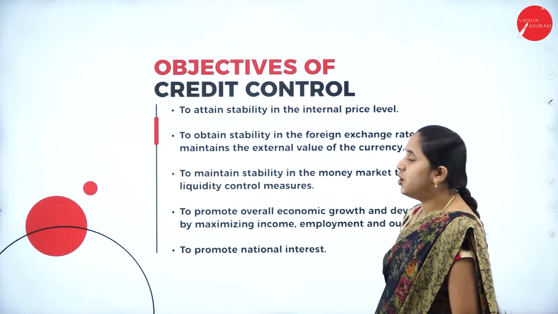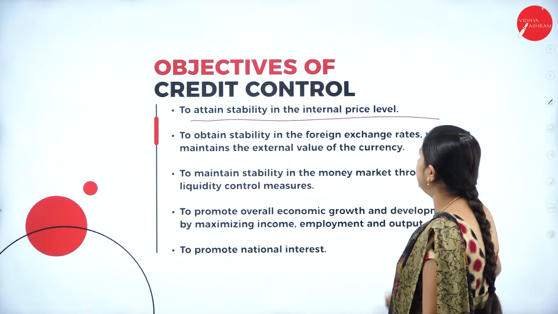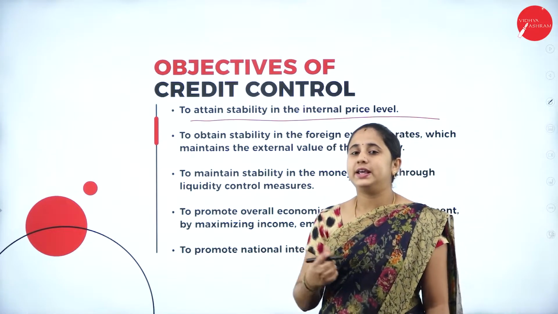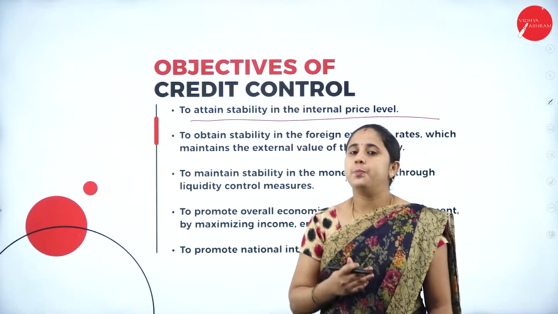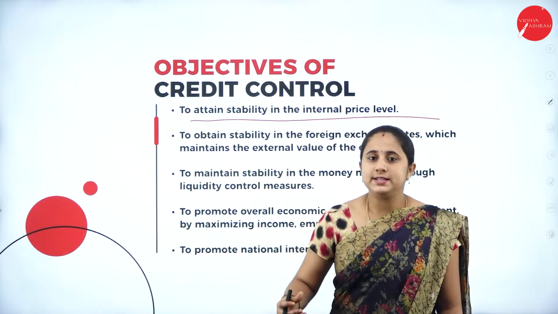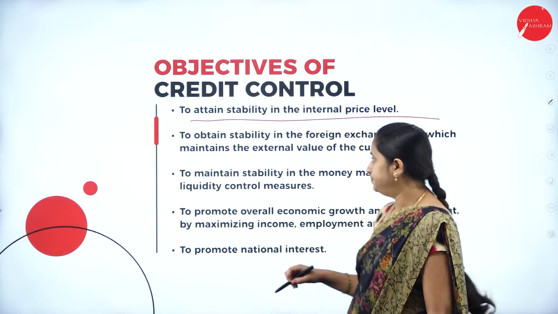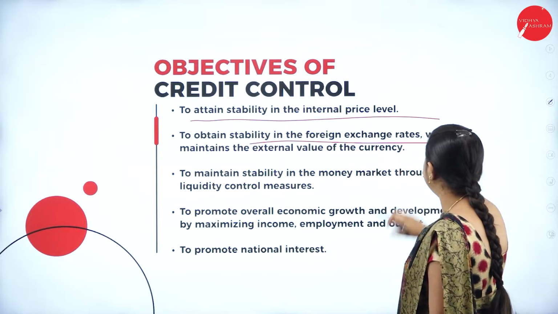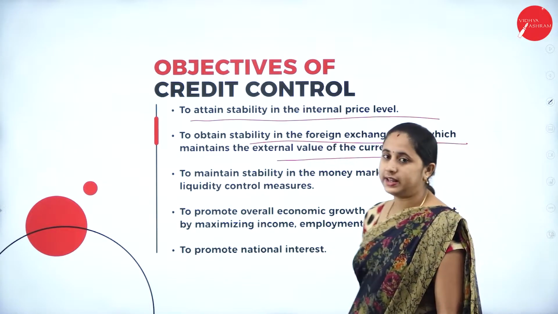So, objectives of credit control. First is to attain stability in the internal price level, to maintain internal price stability. In order to maintain the price based on the money circulation, RBI regulates the money supply. Second, to obtain stability in the foreign exchange rate, which maintains the external value of the currency.